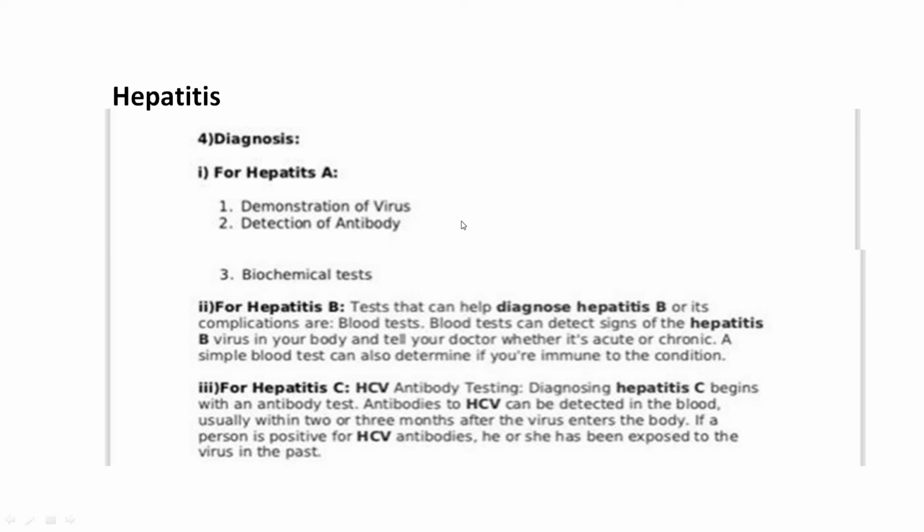Demonstration of virus is done for detecting the presence of the hepatitis A virus. Detection of antibodies is also done to see the presence of the hepatitis A virus. Biochemical tests are done to detect the presence of hepatitis A.